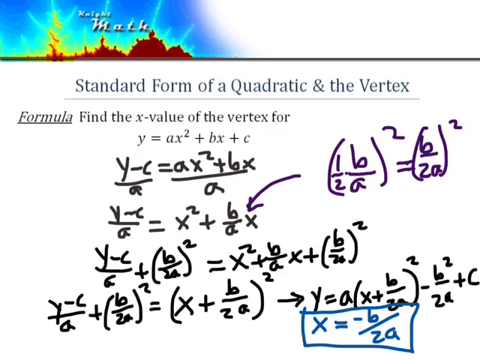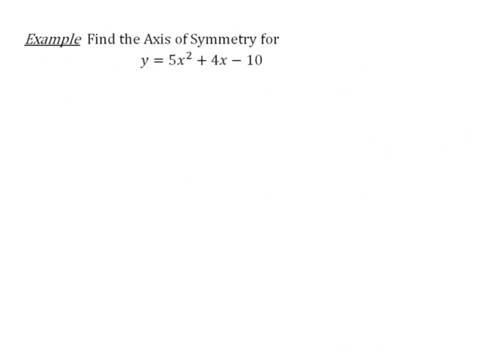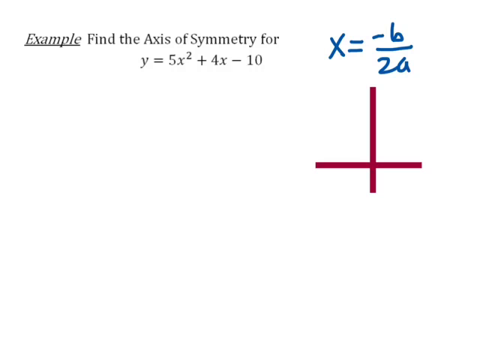Okay, so with that, let's see if we can use that. So once again, we just found out that the axis of symmetry is x equals negative b over 2a. If we have our axes here, we've got a parabola, and at some point the axis of symmetry, that is negative b over 2a.